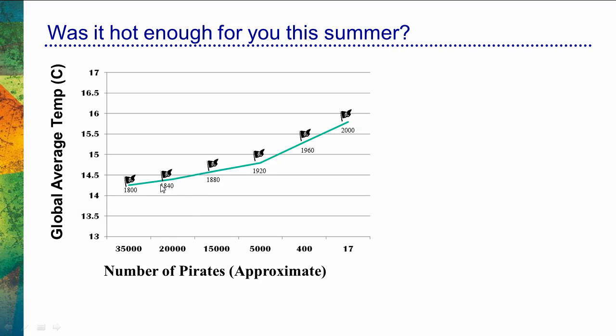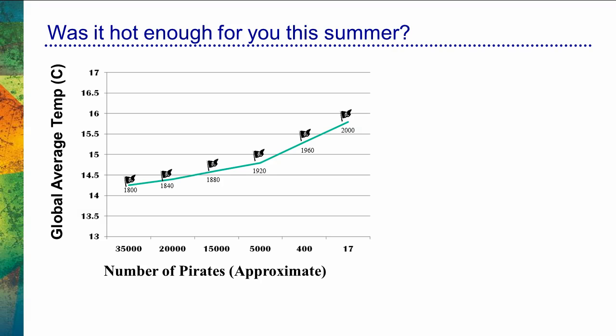Again, we see that the average temperature is increasing slowly, and look at what's happening to the approximate number of pirates: about 15,000 in 1880, about 5,000 in 1920, and in the year 2000, not that long ago, an estimated 17 full-time pirates operating in the seas around our world.